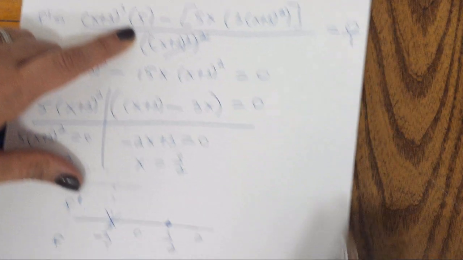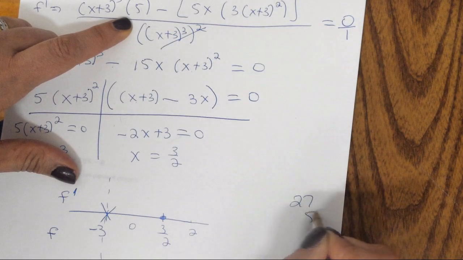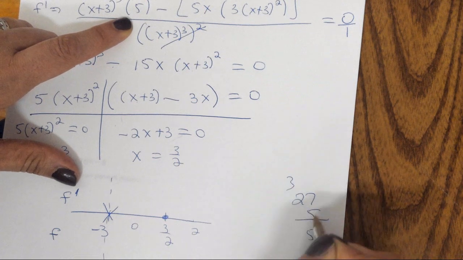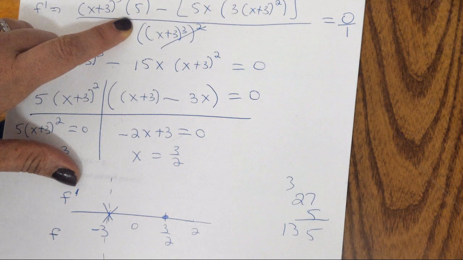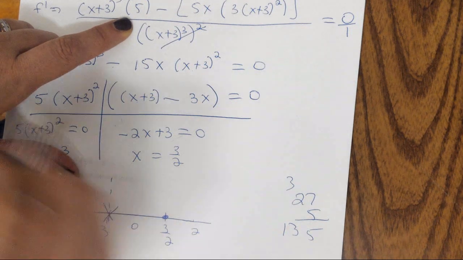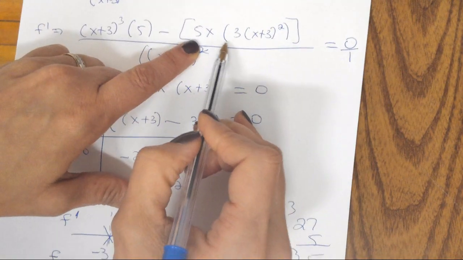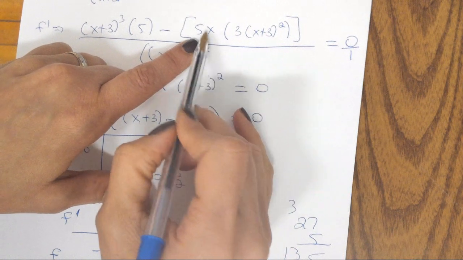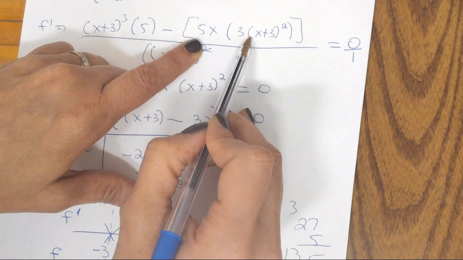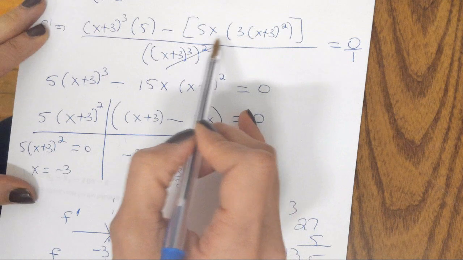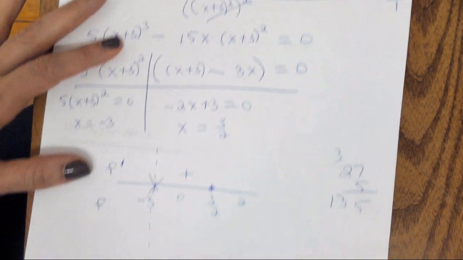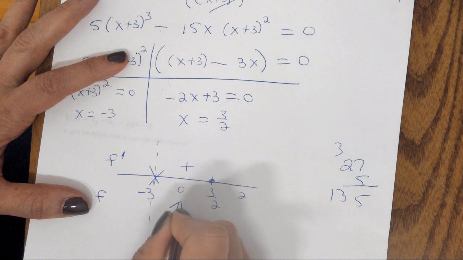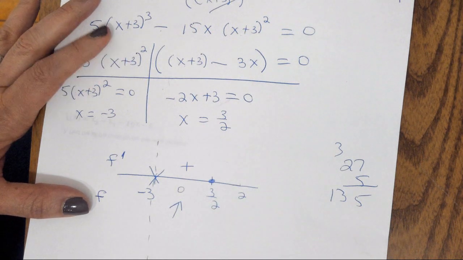So 27 times 5, we get 135. And then we can plug in 0 here. Oh, but look, once I plug in 0 here, this all goes to 0, so I know I have 135 over a positive number, so this is positive. Therefore, my function is increasing before 3/2.